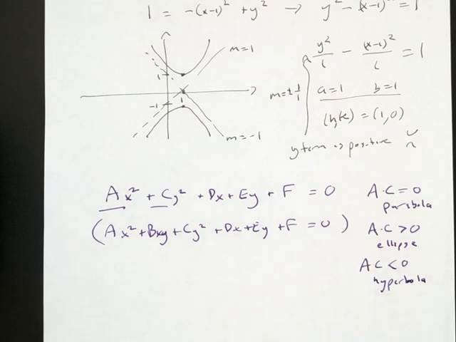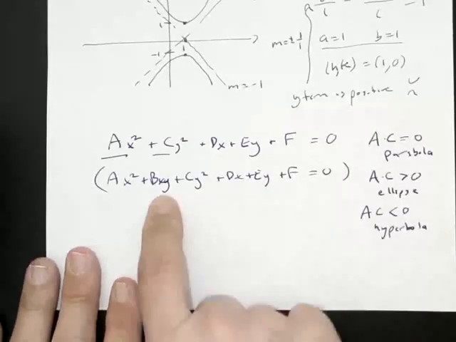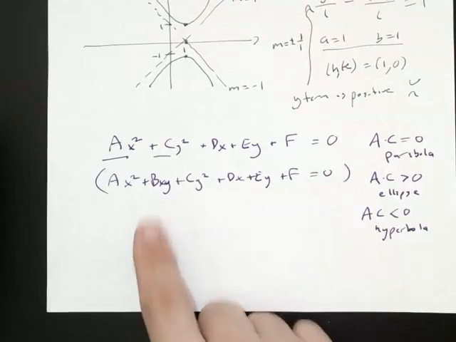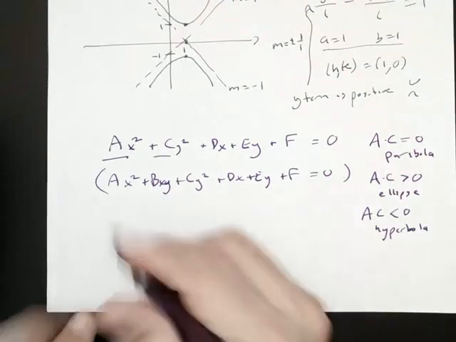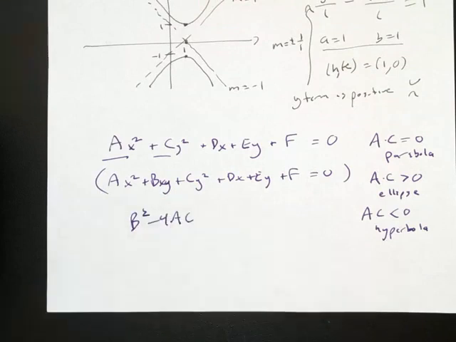So technically, I knew we had a hyperbola at the second line back here. One positive, one negative. Now, if you have B, this changes. And if you have B, then you have to look at B squared minus 4AC.